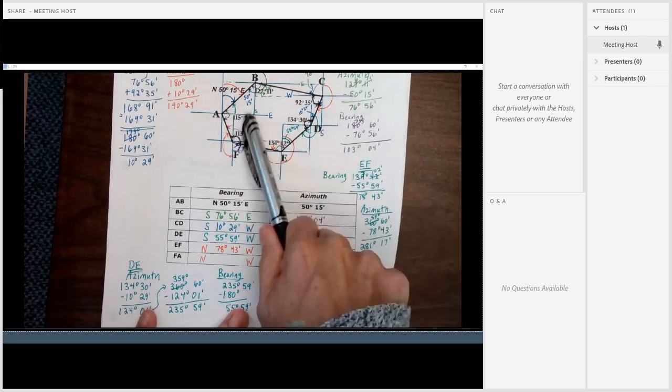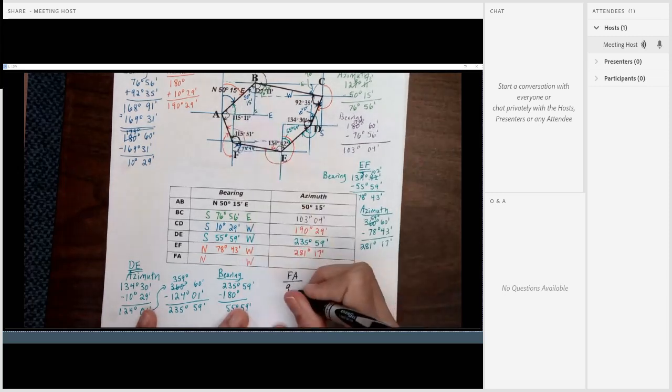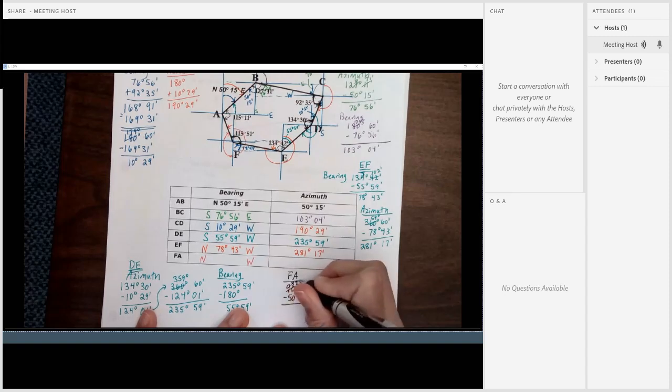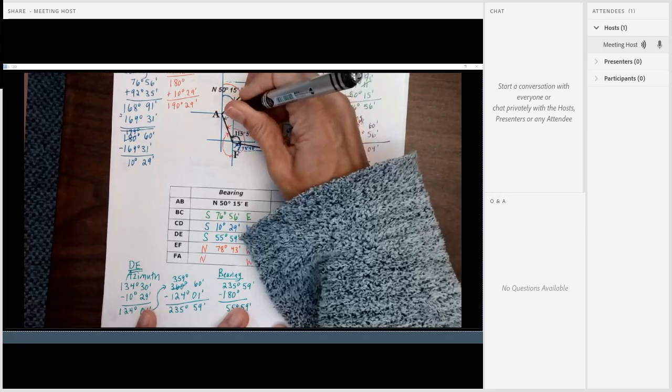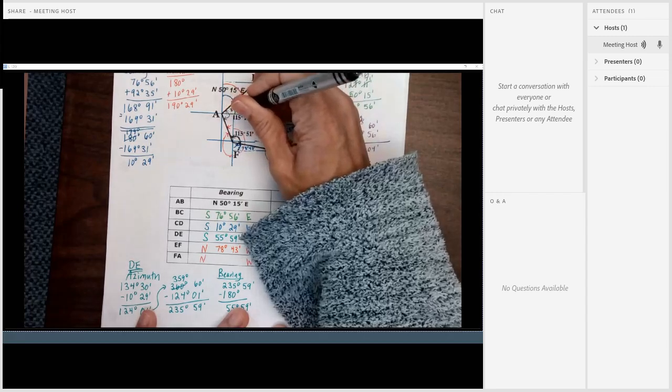So let's figure out what that missing angle is first. So that would be 90 degrees minus that 50 degrees, 15 minutes. So that becomes 89, 60. So 39 degrees, 45 minutes for this angle. 39 degrees, 45 minutes.